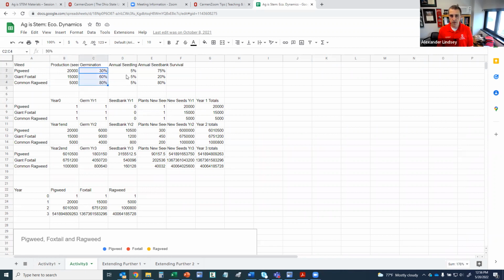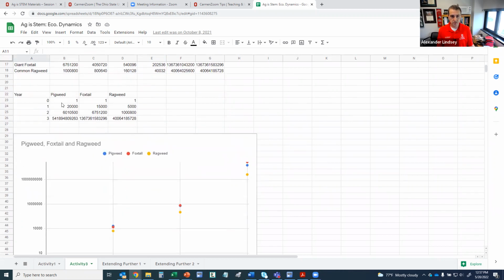We're assuming annual seedling survival and annual seed bank survival. So essentially of the seeds that are deposited, how much deteriorate, how much stick around. And if we start with one plant of each species in the first year and assume that plant germinates, we can get to our totals. And again, these will change over time based on the formulas that have been inserted into the Google Sheets document.